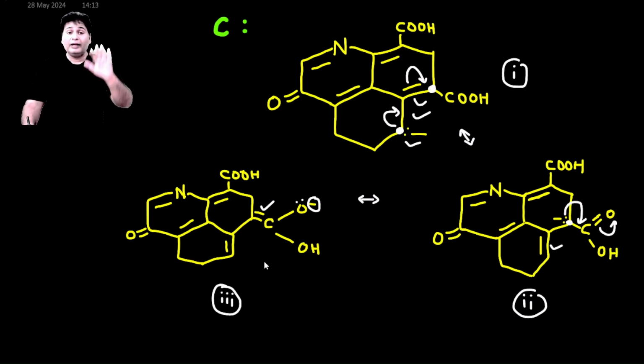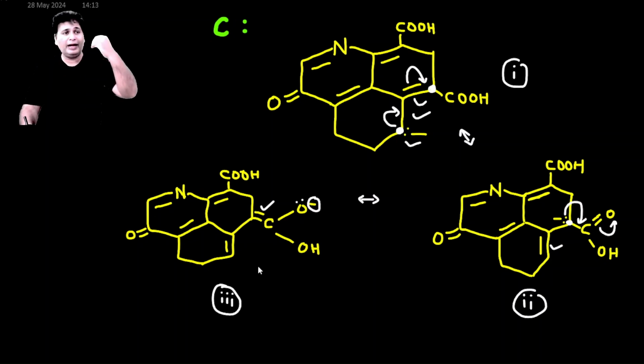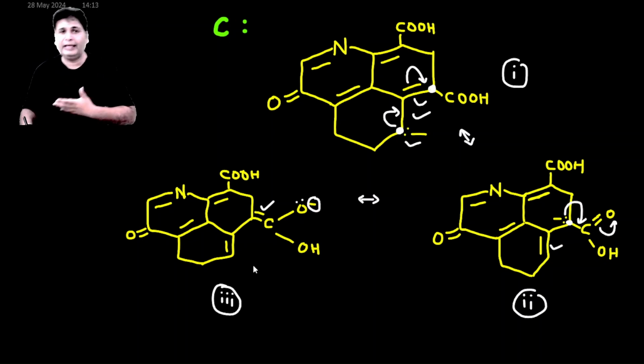Okay, and finally in one slide I am going to write all the features of all from A to G. I will write whether the resonance was present, how many resonating structures, and so on. Then we'll compare and get a final hierarchy of stability.